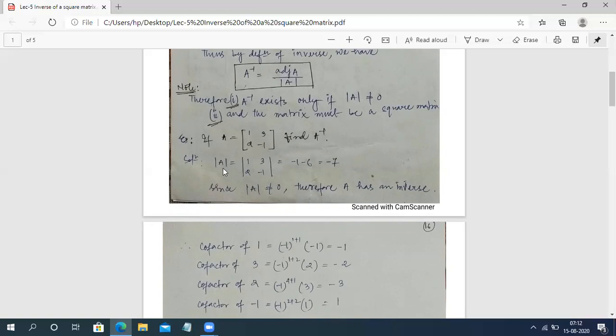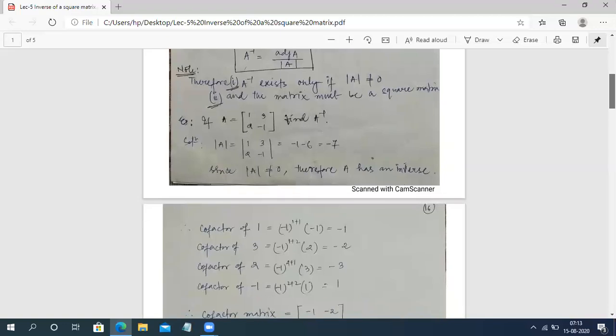For that, we need to know the value of determinant of A. So find determinant of A. Write its determinant of 1, 3, 2, minus 1, and that value is minus 7. So definitely determinant of A is not equal to 0. So we can say that the matrix A is invertible.